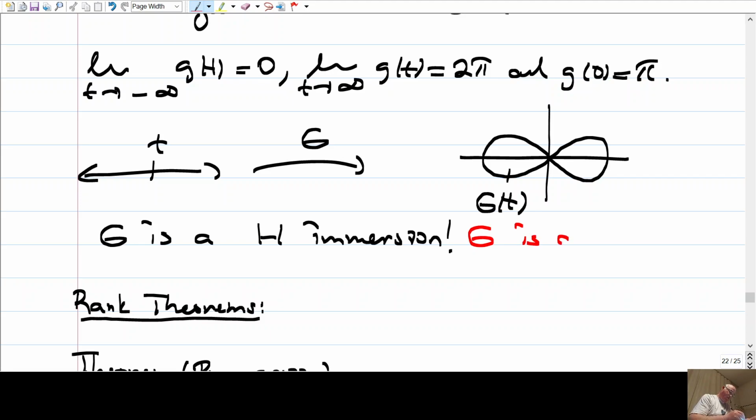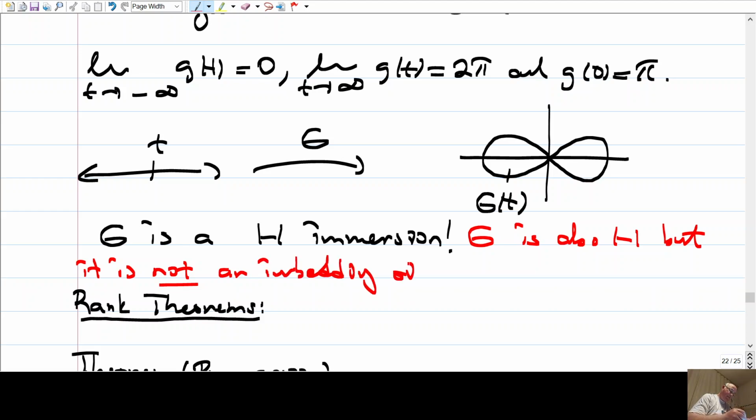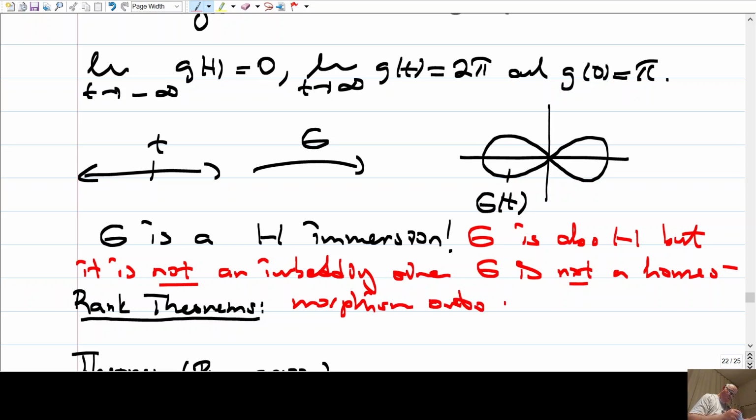G is also one-to-one, but it is not an embedding, since G is not a homeomorphism onto its image.